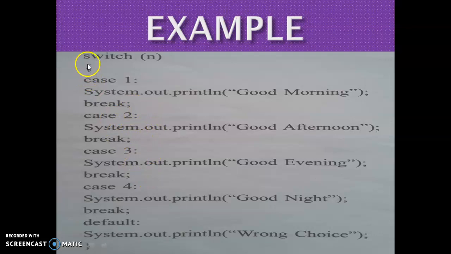So this is an example of a switch statement. You just write switch, and inside that you take one input from the user. According to that input you can print a message so they can better understand what they are supposed to enter. Here they can enter any number, there are 4 choices: 1, 2, 3, 4.